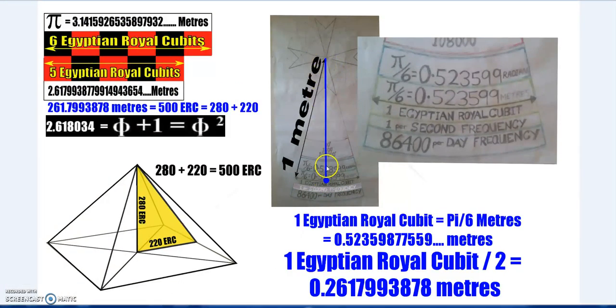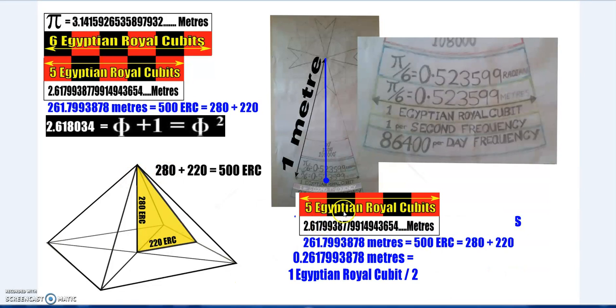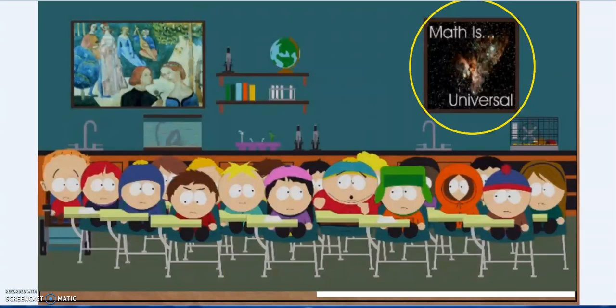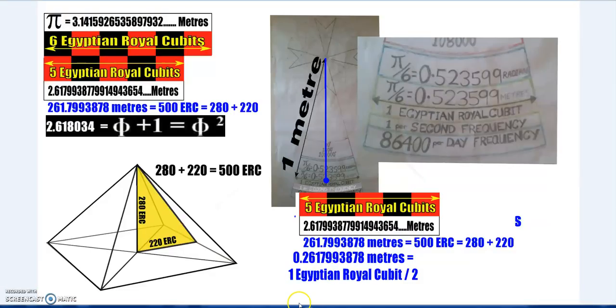And that's where the pendulum would be hanging, which would divide the Egyptian Royal Cubit into 2, and one Egyptian Royal Cubit divided by 2 is 0.261799, which brings us back to 5 Egyptian Royal Cubits being essentially phi plus 1, or phi squared meters, within 0.00404. So some examples of the measure of a unique geometry being applied in proportion, but also being measurable in these important features.